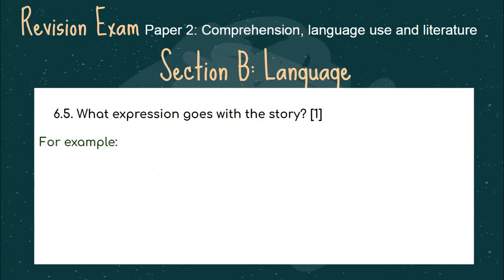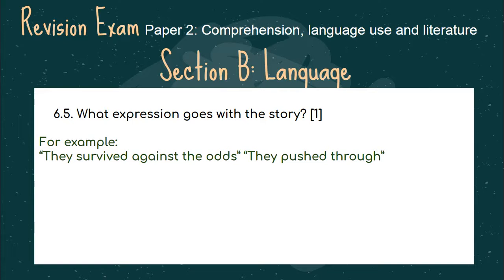So they want you to think of your own kind of expression or idiom or little phrase that could describe something that happened in the story. Here's an example. You could have said something like, they survived against the odds. Can you see it's almost like a cliche. You could have said they pushed through, they made it, right?